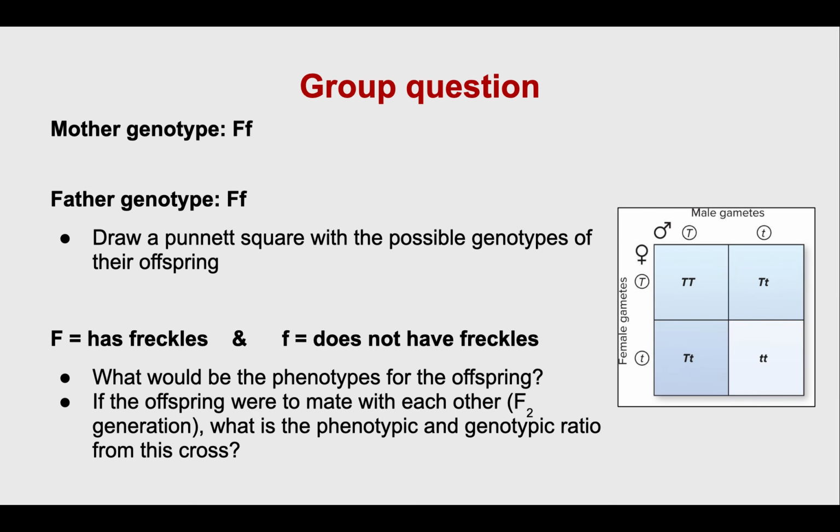Let's try our hand at Punnett squares for the last few minutes here. Draw a Punnett square with the possible genotypes of the offspring of this mother and father. F is indicating presence of freckles. I put this Punnett square up there so you'd have a reference to follow.